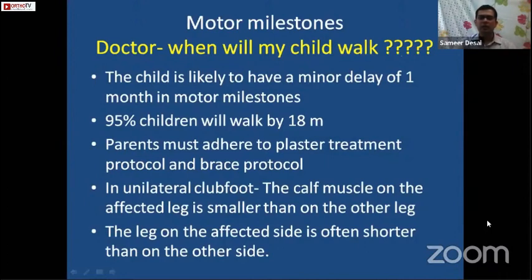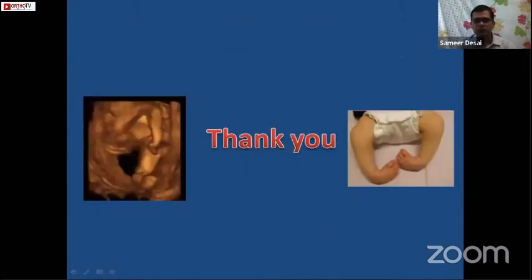In unilateral clubfoot, the calf muscle on the affected leg can be smaller than the other side, and the leg on the affected side is often shorter than the other side. So these are the general counseling tips which you can give to the parents. Thank you very much.